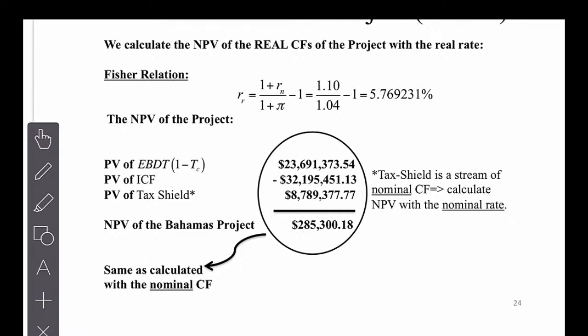And I continue to do it with the 3 steps, and I get the same numbers. As long as I use the real rate with the real dollars, and then I just put in here the tax shields with the nominal rate to show you I still get the same answer. You have to get the same answer as long as you use the real dollars with the real rate and the nominal dollars with the nominal rate.